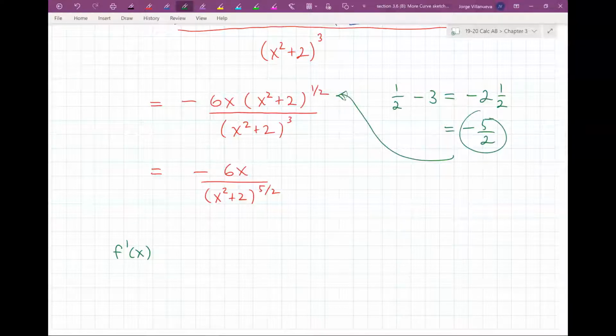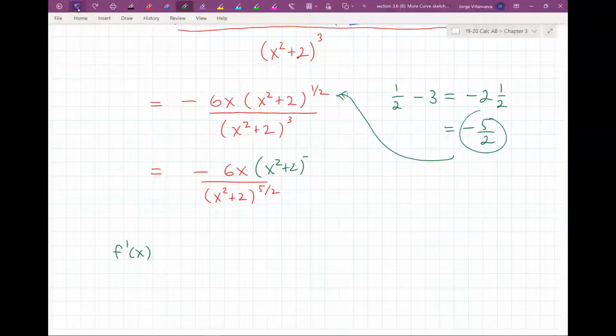So when you bring it down, it becomes x squared plus 2 to the positive 5/2. You could have also written it like this without that part. But then if I were you, I'd want to move it down, right? It looks weird when it's up there. So I'd rather move it down to make it look like something I can actually solve for.